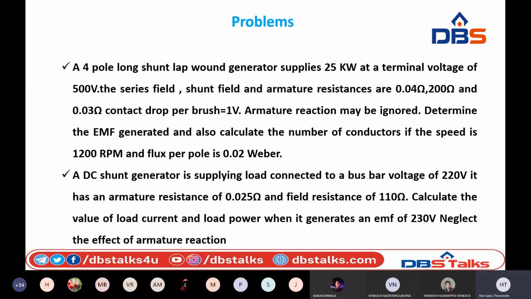It delivers a load of 4 kilowatt, not 10 kilowatt, delivers a load of 4 kilowatt, and allowing 1 volt for brush drop. Calculate the generated EMF and flux per pole.